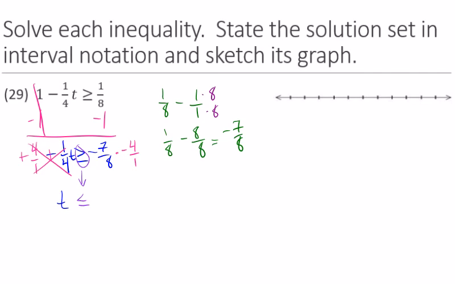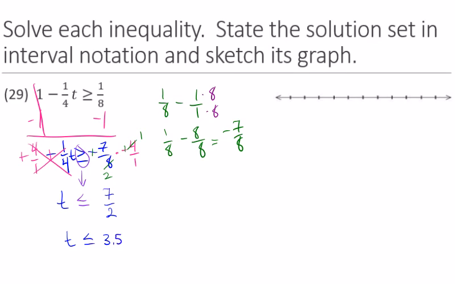And then we see here that the 4 and the 8 reduce, right, to 1 over 2. The negatives turn to positive. So I get 7 times 1 on top, which is 7, and 2 times 1 on the bottom, which is 2. So t is less than or equal to 7 over 2. So that's also equal to 3.5, right? So you can also write it like this.